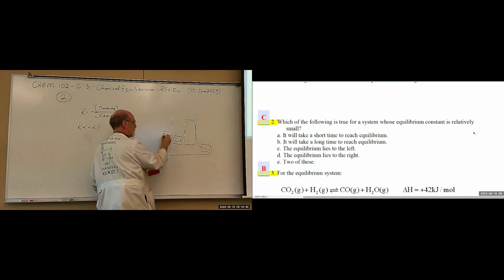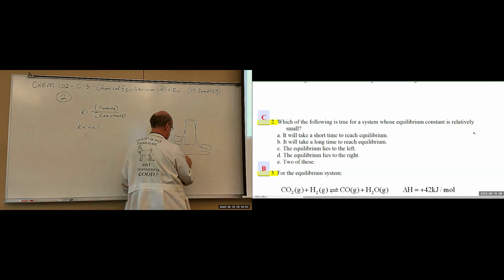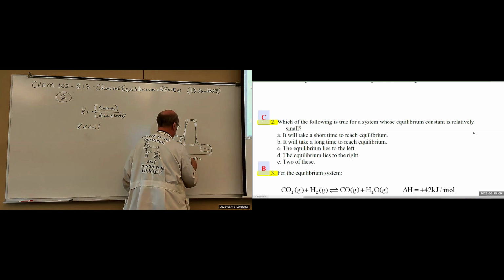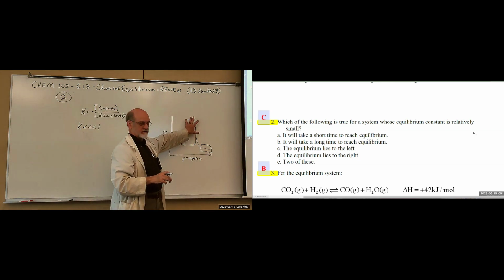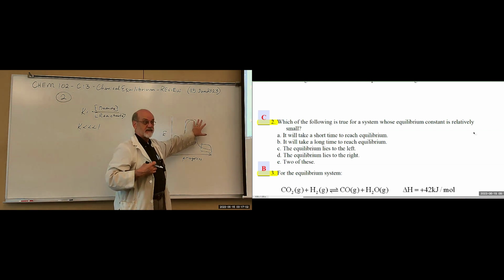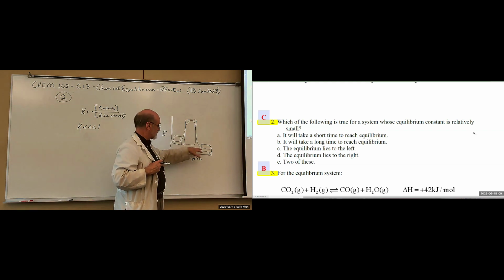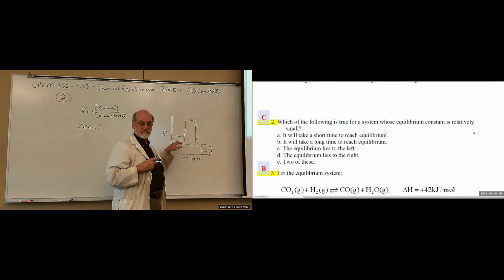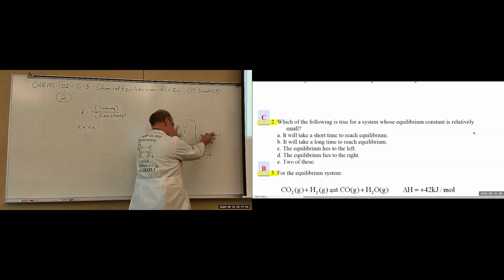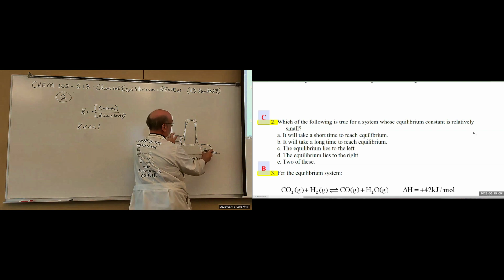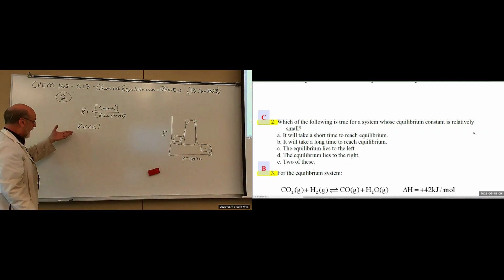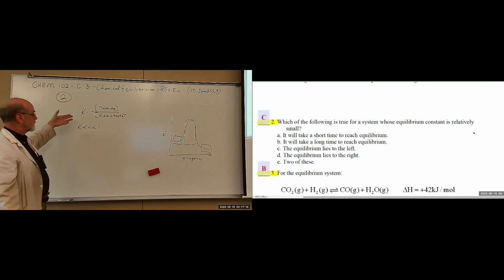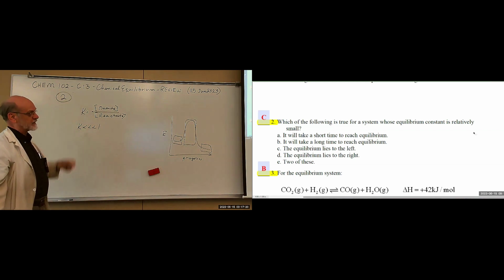And I should label my axes, or this is the progress of the reaction from left to right. So we studied this one in chapter 12. That's the rate of the reaction, how fast it gets there. But this one says which is favored. Like when we study this part of the diagram, we're talking about equilibrium. This part is kinetics.